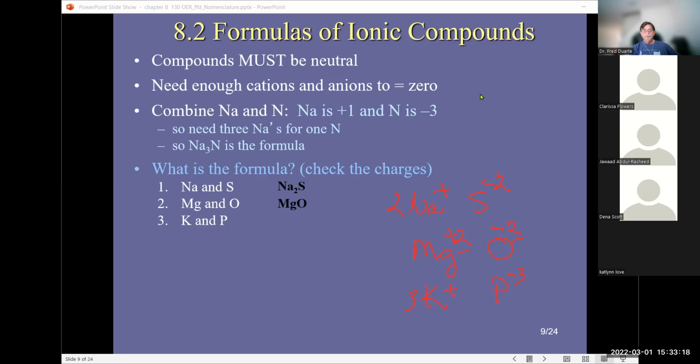So now its formula is K3P. Now notice as we're going along, you can do the mix and match thing. We did the first one, sodium. I can mix it up with oxide. Now I can mix it up with phosphide. The same is true with magnesium and potassium. Mix and match. You start filling up your database of compounds.